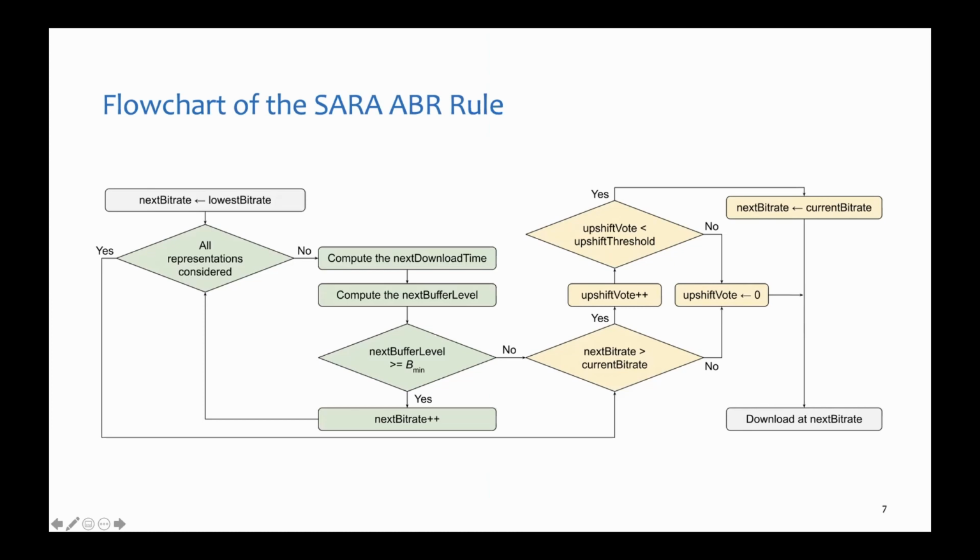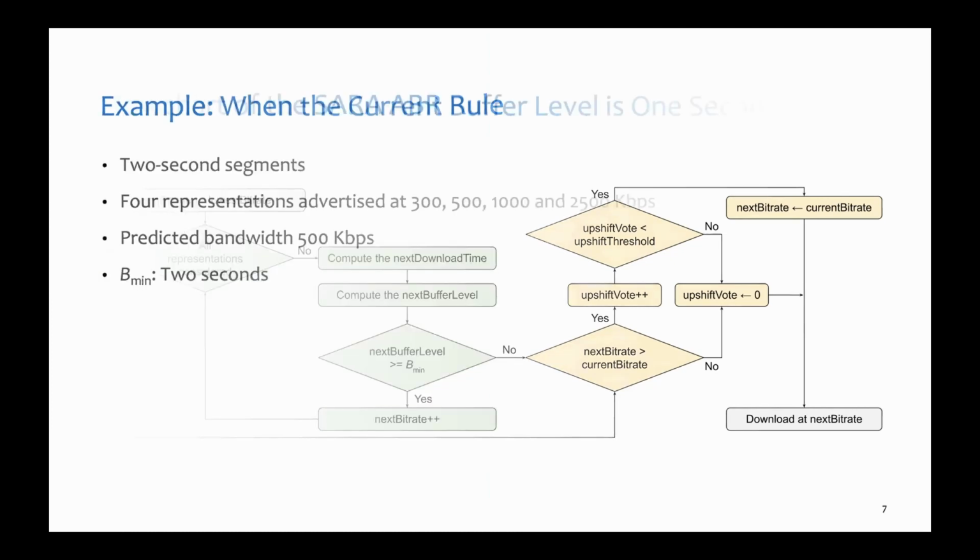So by changing the value for the upshift threshold, we can adjust how quickly or how slowly we will be able to upshift. This is just a parameter that you need to use in the client.